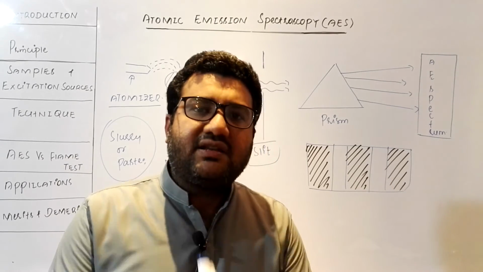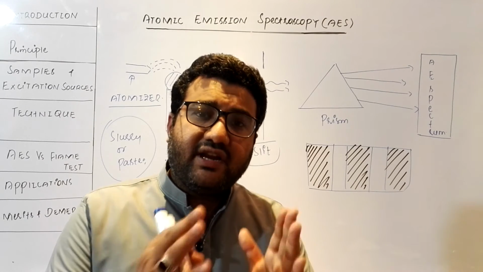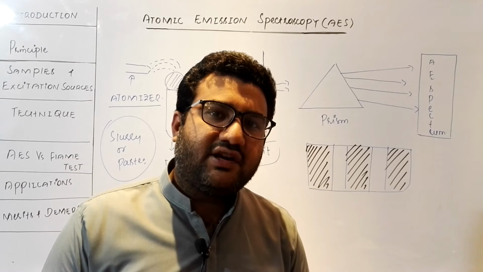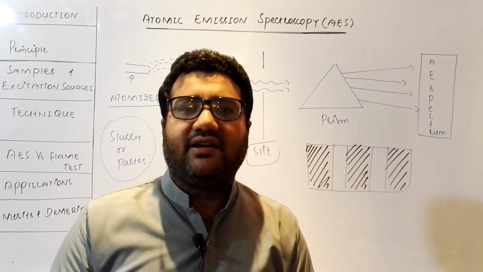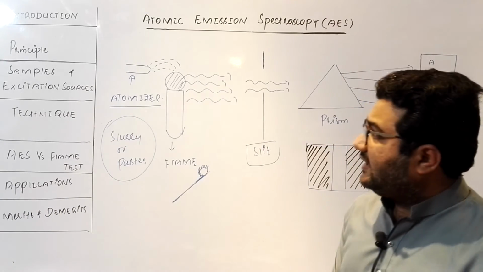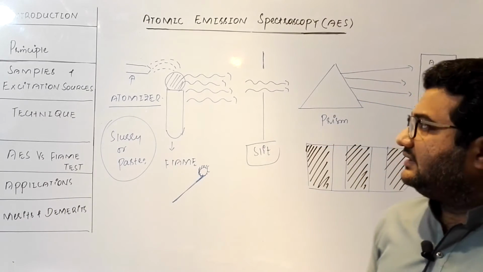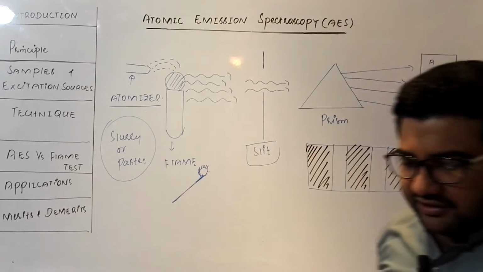So by looking at the position of the spectral lines, by looking at the colors which are present in the atomic emission spectrum and the scheme of the colors, we can easily identify the atom which we are analyzing, which is our analyte. So this is a technique and how the atomic emission spectrum is produced.